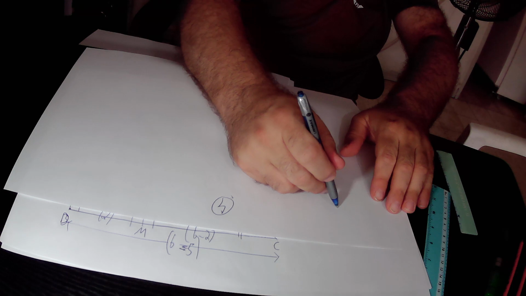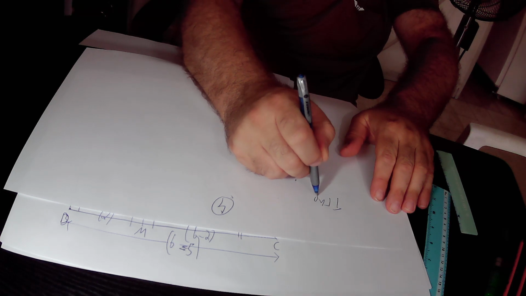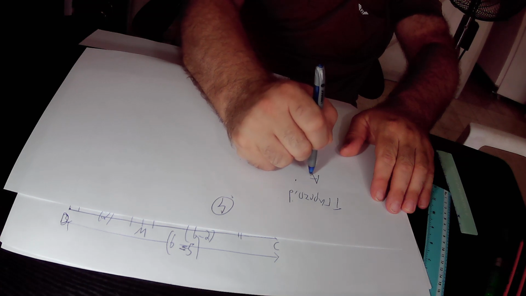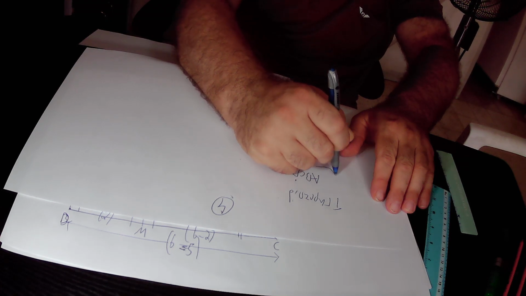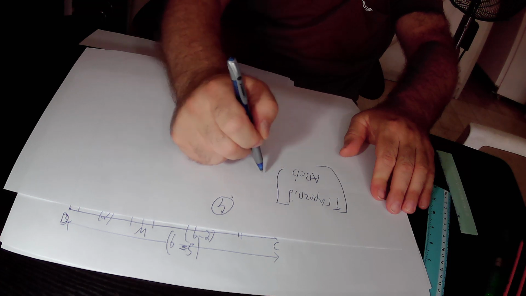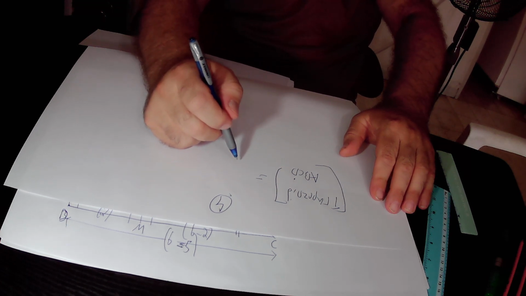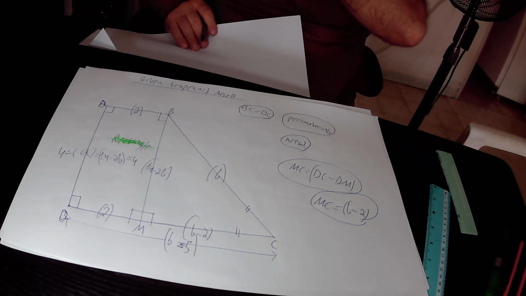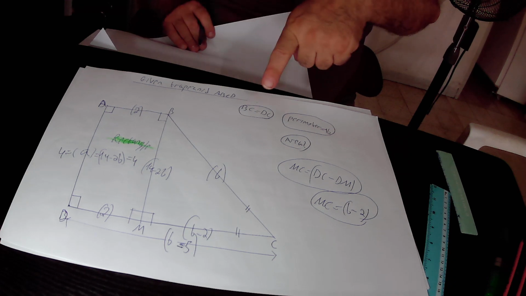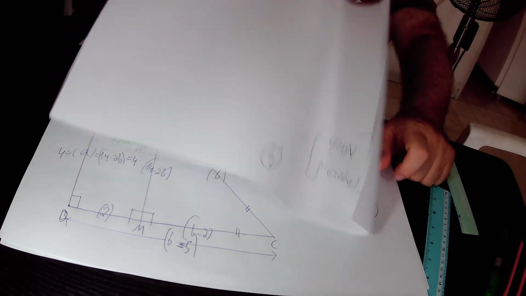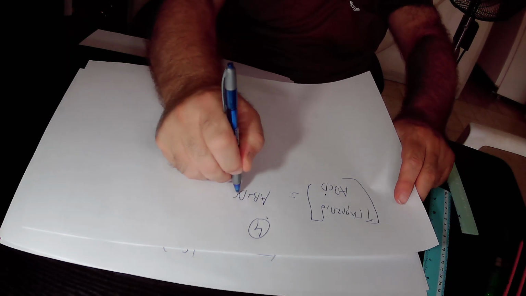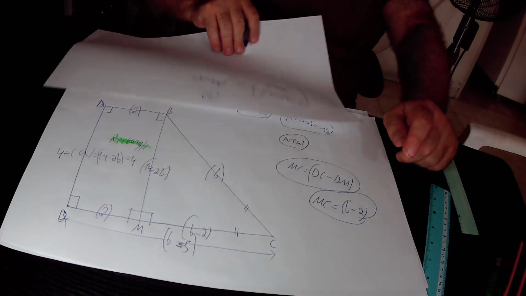According to the formula that I presented to you at the beginning of the lecture, the area of any trapezoid equals the sum of its two parallel bases. In this trapezoid ABCD, it is AB plus DC, times the height.